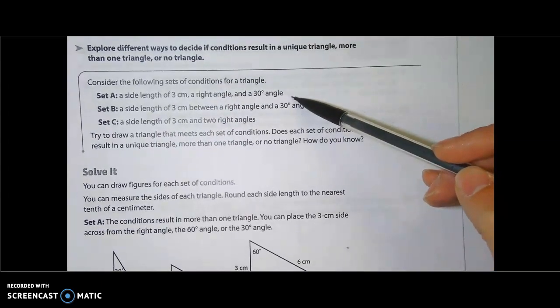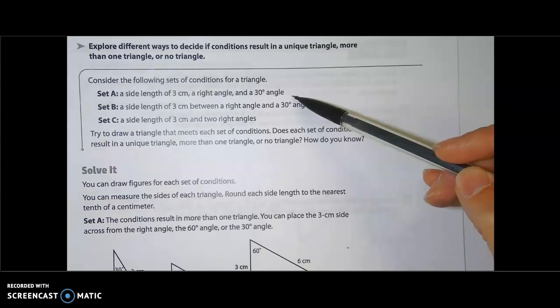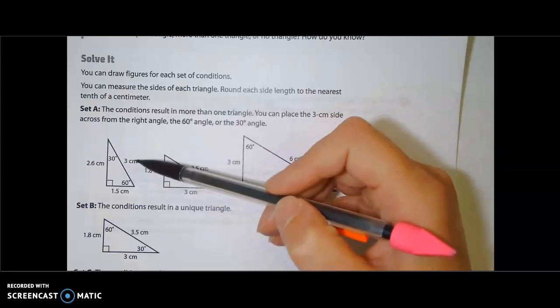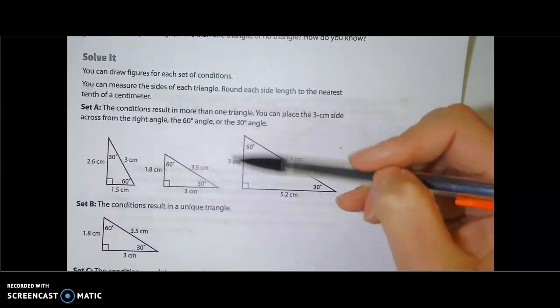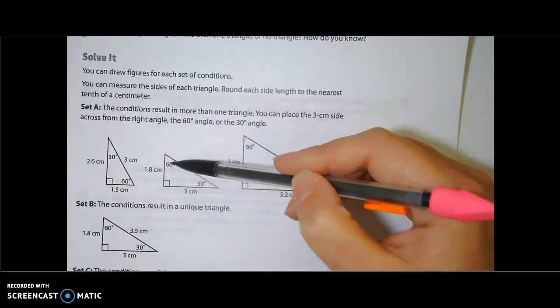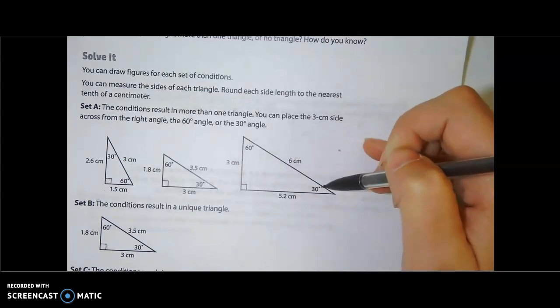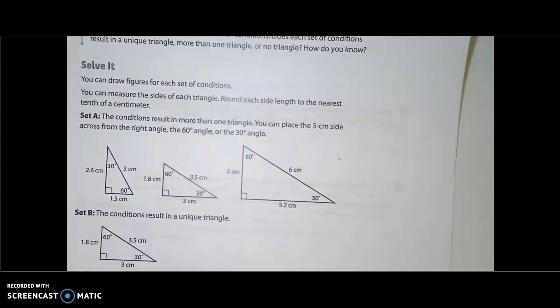Our side length of 3 centimeters, our right angle, our 30-degree angle, they could go anywhere. Here the 3 centimeters is across from the right angle, here it's across from the 60-degree angle, and here the 3 centimeters is across from the 30-degree angle. So we could move where things were.